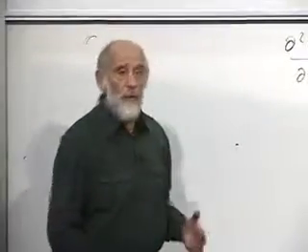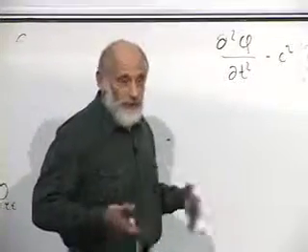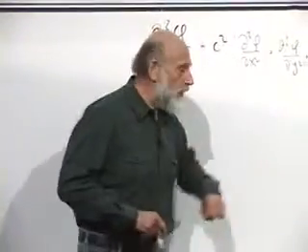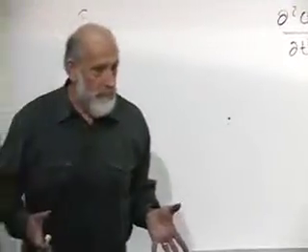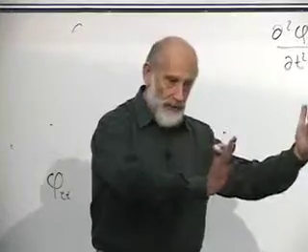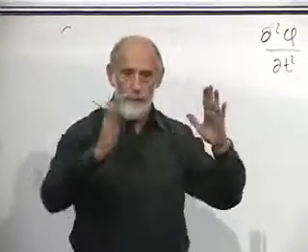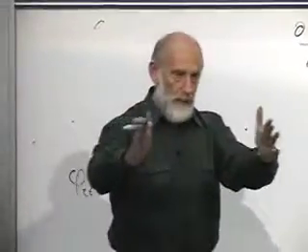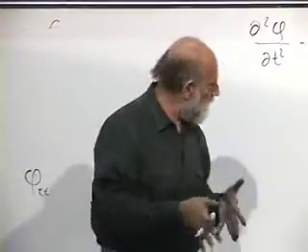For example, supposing the field only depends on time. Of course, it depends on time. If it's any kind of decent field, it's going to depend on time. But supposing it doesn't depend on all three coordinates. Suppose it only depends on x and not y and z. How can that be? Well, if a wave was moving down the x-axis, a plane wave with no variation, perfectly uniform wave fronts, moving down the x-axis, then it would have no dependence on the other two directions.